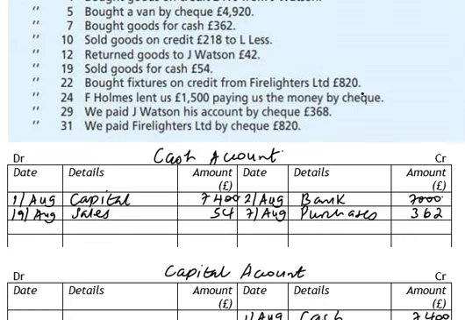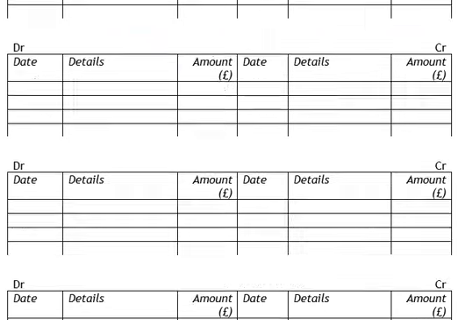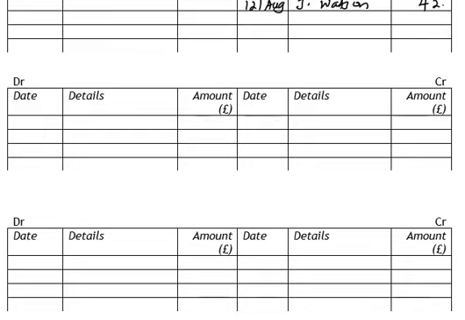So we have to prepare the fixtures account as well as Firelighters Limited account. Fixtures. We purchased fixtures, so the fixtures account is to be debited.